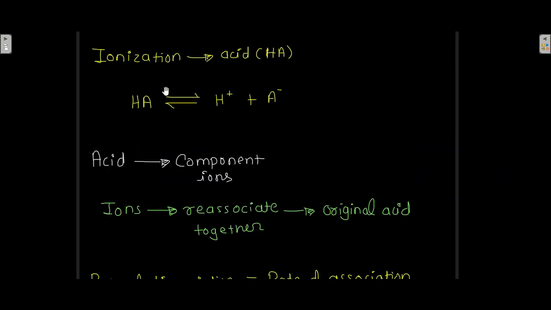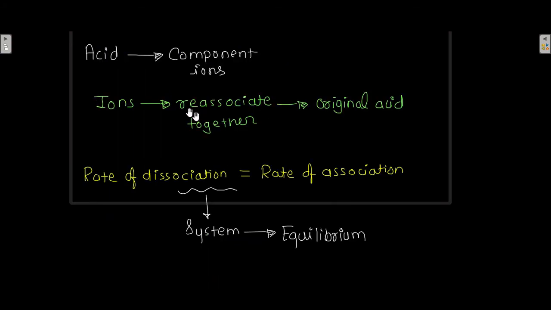Now this ionization of an acid can be written as a simple dissociation as in this equation. Okay, HA gives us H+ and A-. So the acid dissociates into its component ions, but these ions then reassociate to form the original acid again.